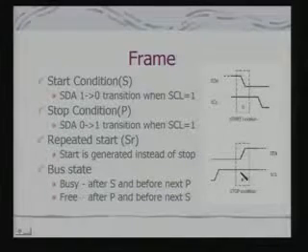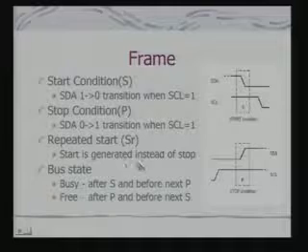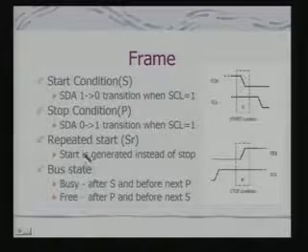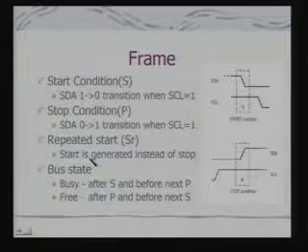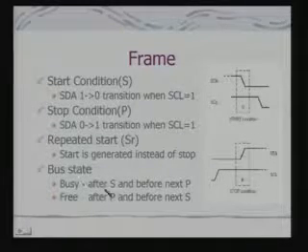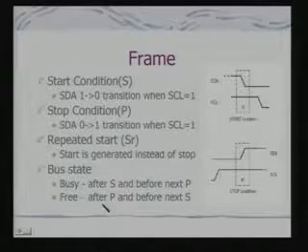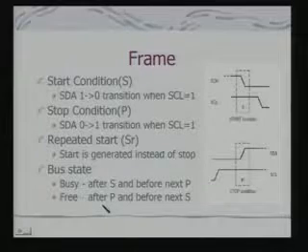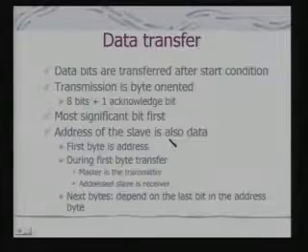So, these two states, this is S and this is P, the stop condition. There can also be another state, called a repeated start. So, start is generated instead of a stop after a frame. The bus is normally busy after S and before the next P, and free after P and before the next S. So, this indicates the beginning of a data frame which is to be transferred.